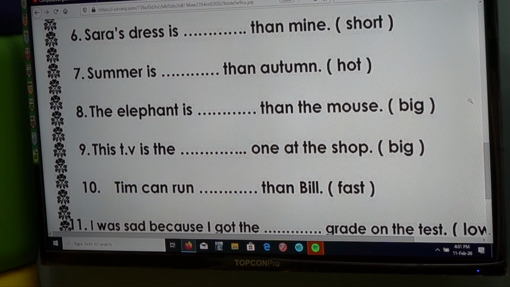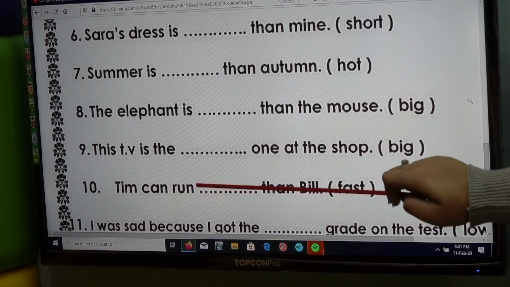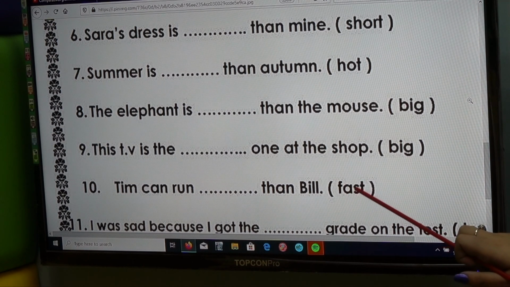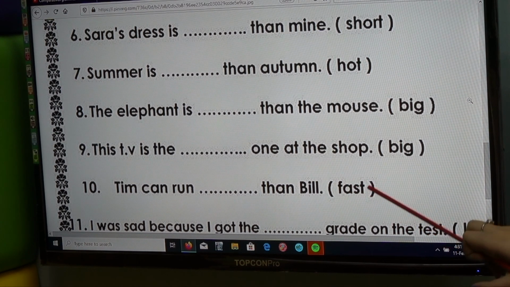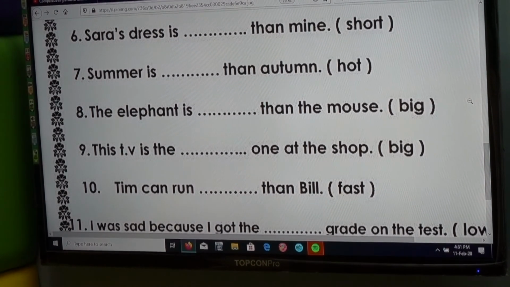We use comparative to compare 2 things or 2 people, right? So, Tim can run faster than Bill. How to spell faster? F-A-S-T-E-R. Okay.